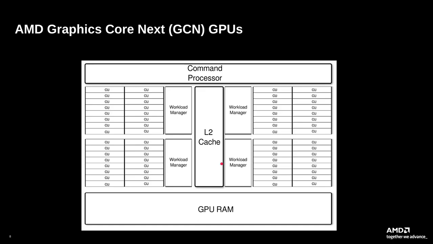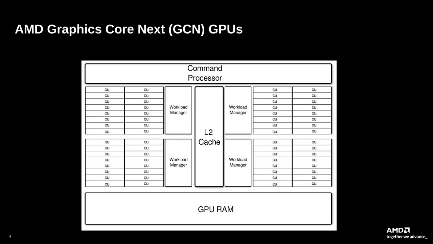Then the compute units on the AMD GPUs are divided into these blocks that are called shader engines. So a shader engine shares a workload manager, and then there's compute units underneath this. And each of those compute units has a wavefront scheduler. So the command processor sends work to workload managers for the shader engines. The workload manager in the shader engine will pass off work to each compute unit, and each compute unit will independently work on scheduling work in a series of wavefronts.